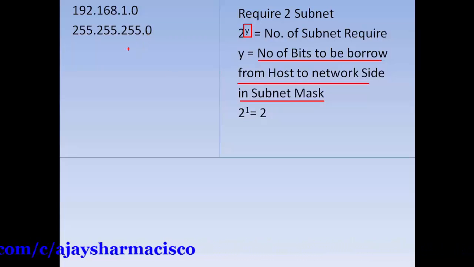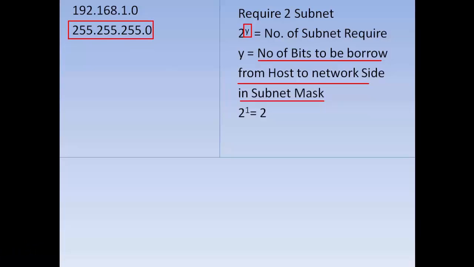This is my subnet mask. By default it is the decimal number system for human beings, but computer does not understand it. Computer always works on binary. So 255.255.255 means all 1s, and if I convert it into binary, 1 2 3 4 5 6 7 and 8, all remain 1 1 1 1 1 1 like this, continuing.